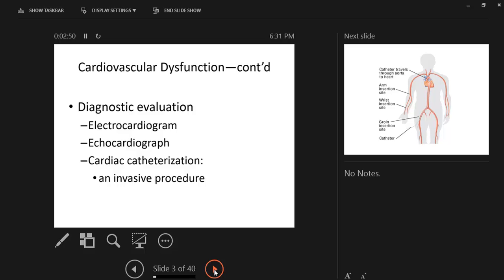In addition, that X-ray stands as a permanent record to see if the heart is enlarged or if there's any changes, and so that would be the least invasive. We always go from the least invasive to the most invasive. In addition, they might do an EKG, an electrocardiogram, to evaluate for dysrhythmias and electrical conduction problems.